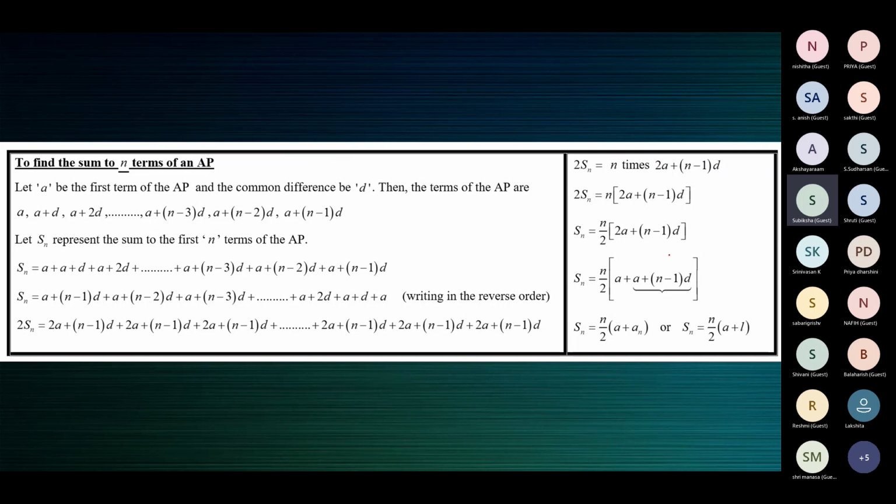Now this can be further interpreted. Write 2a as a plus a. Sn is equal to n by 2, write 2a as a plus a, and then plus n minus 1 into d as it is.